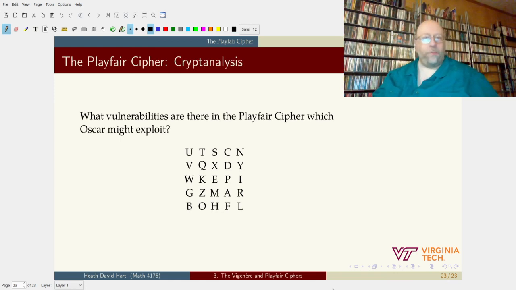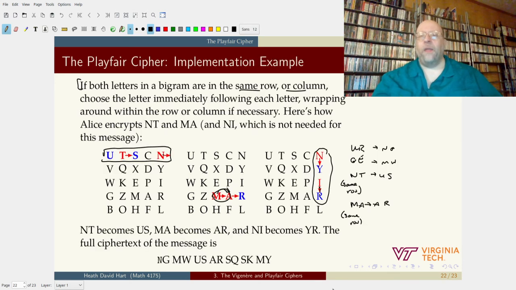What kind of vulnerabilities are there in the Playfair cipher that Oscar might exploit? We'll talk about that for just a second. One of the problems is that it's not monoalphabetic. That is, a T can encode to different places depending on what other letter is in its bigram.